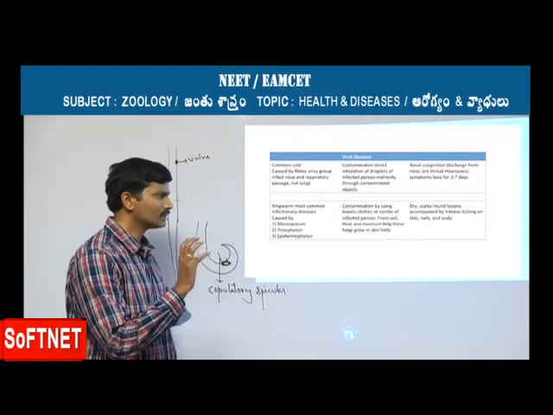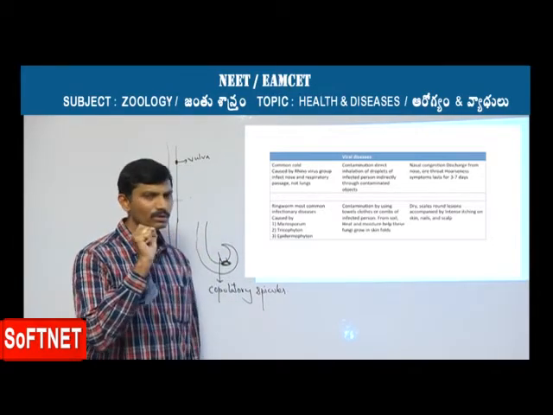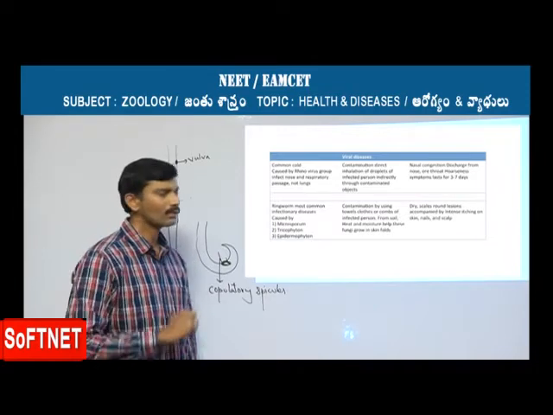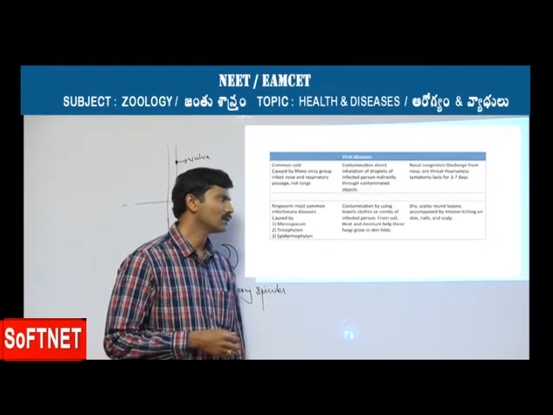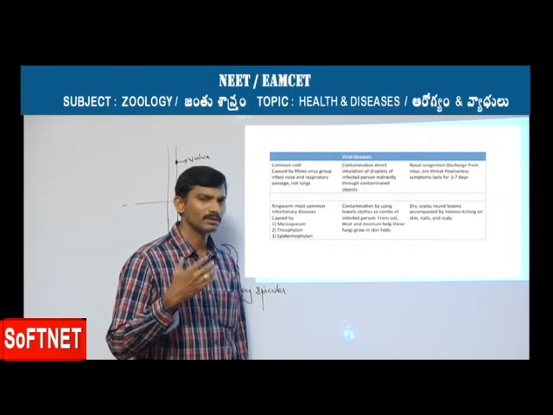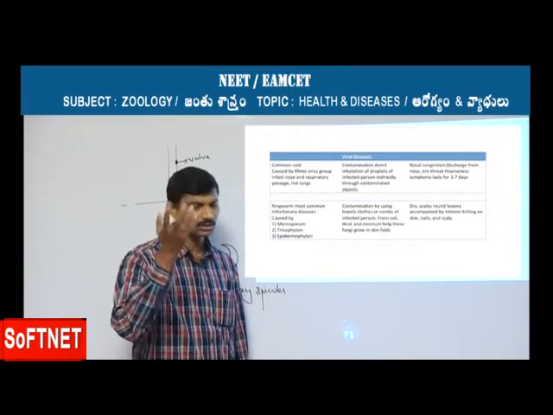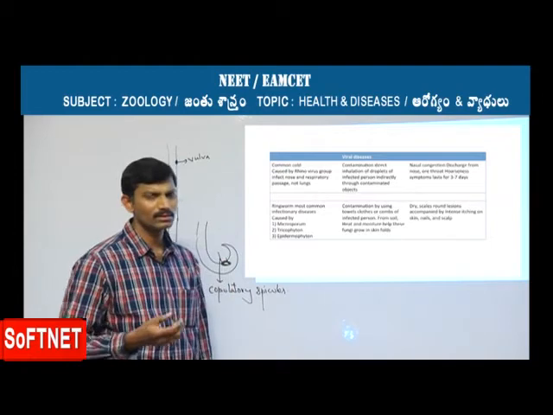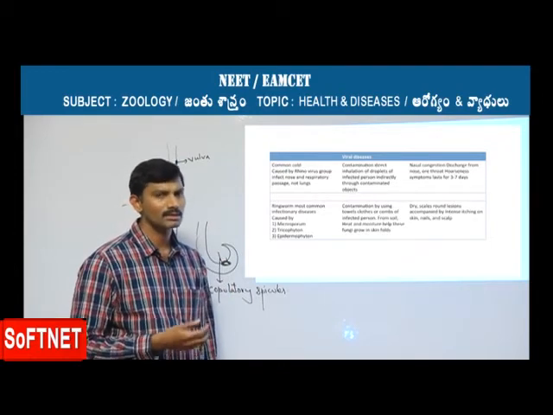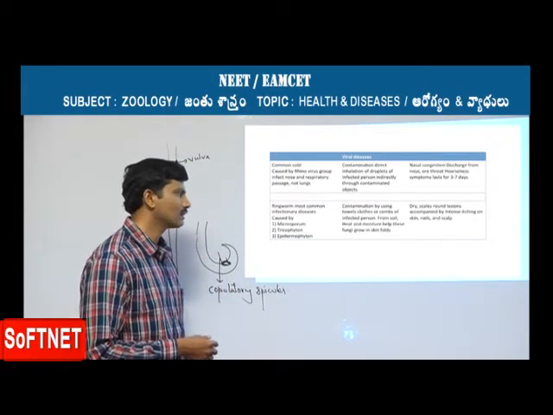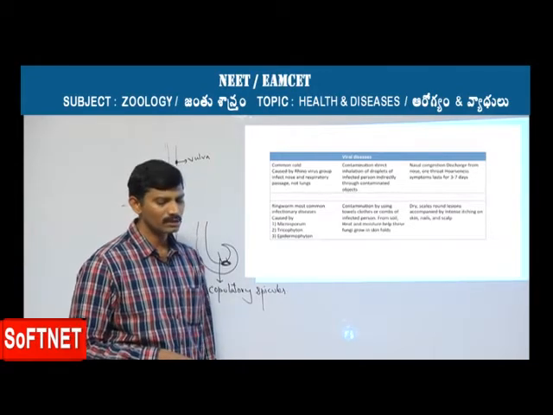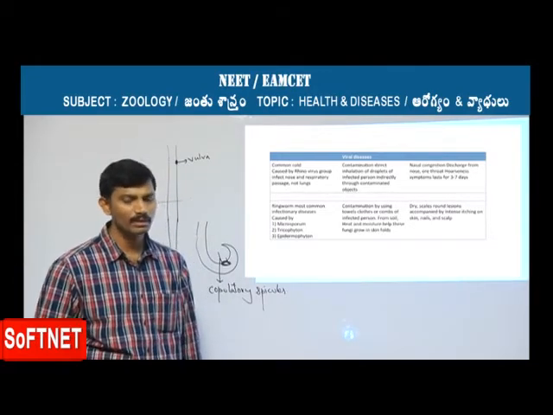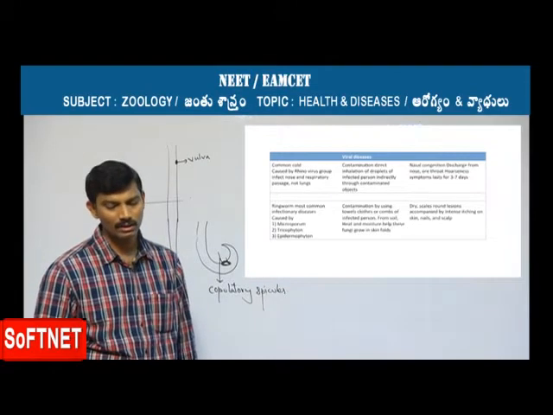Dry scales, round lesions, and small lesions are also formed, accompanied by intensive itching, especially in the skin, scalp region, and nails. These regions are prone to itching sensations, and dry scaly skin along with round lesions are formed. These are some of the symptoms that commonly appear with ringworm.